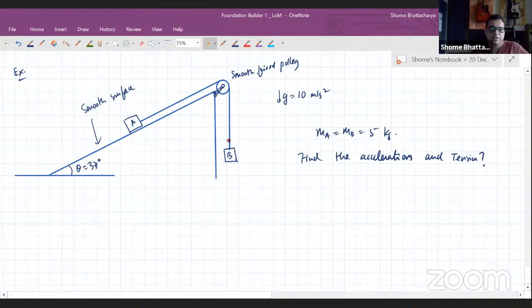So uniform tension will be acting like this throughout the thread. And because B's weight is pulling it down and A's weight is divided into two components, ultimately B's pulling force because of the weight will dominate and the system will have acceleration like this.